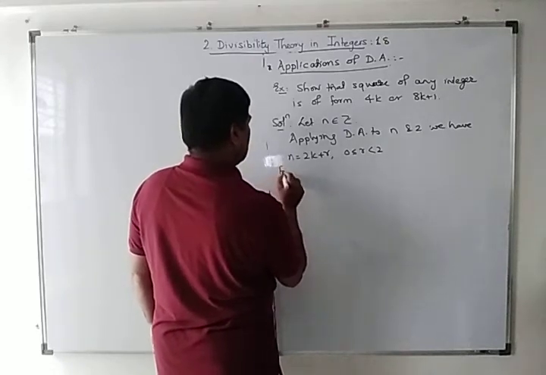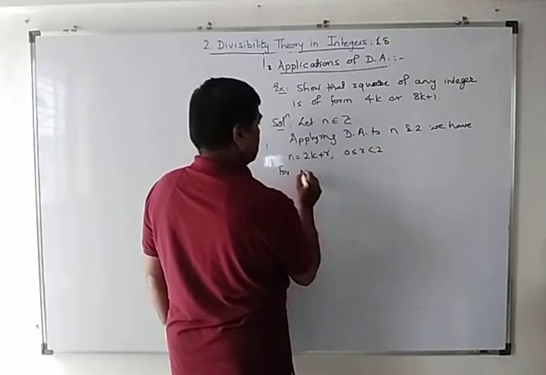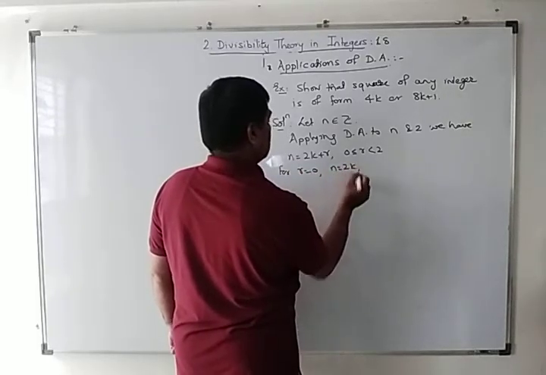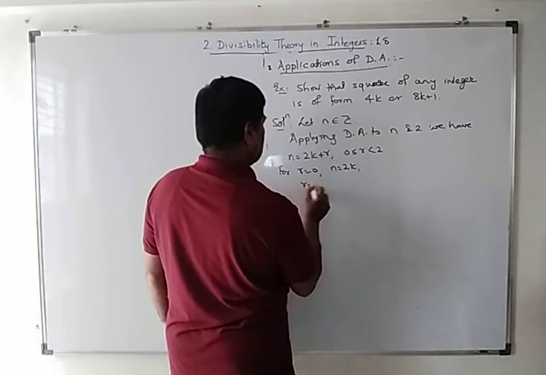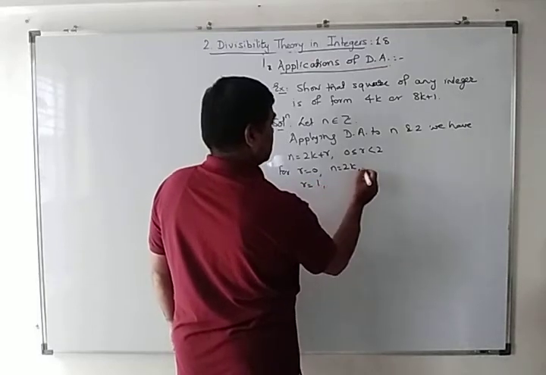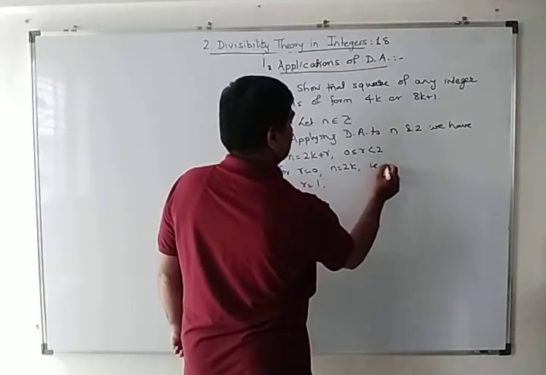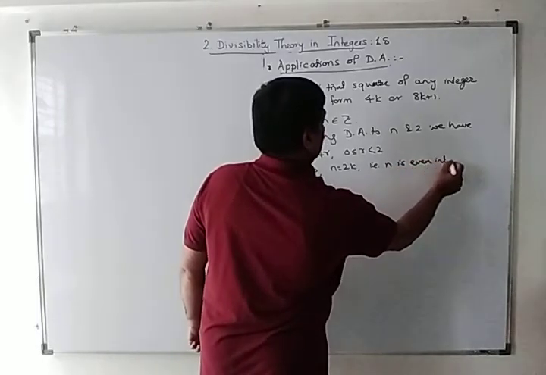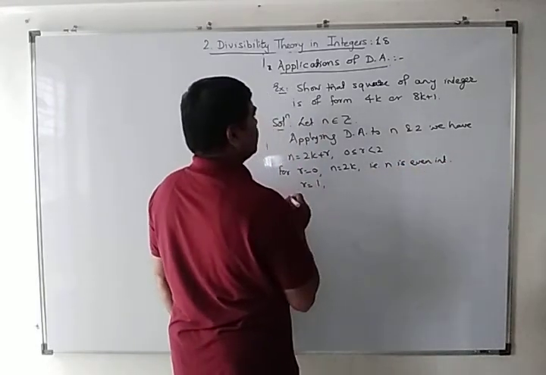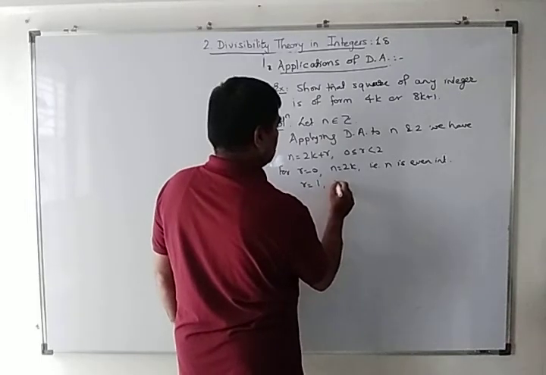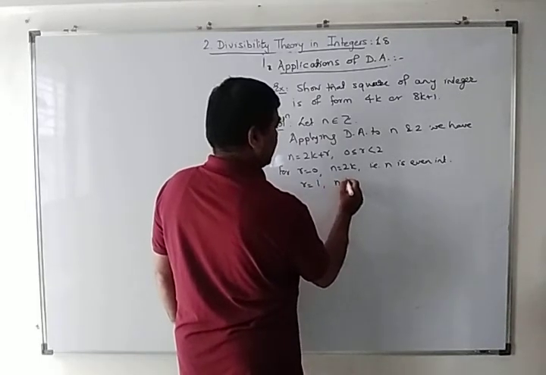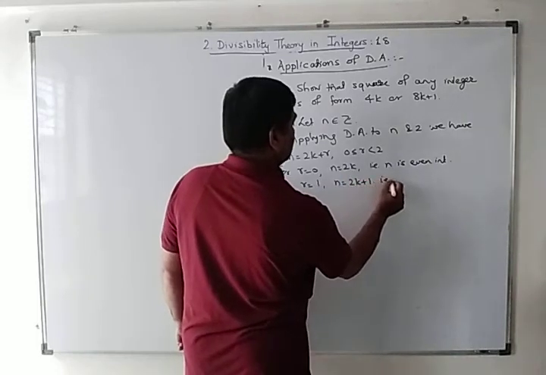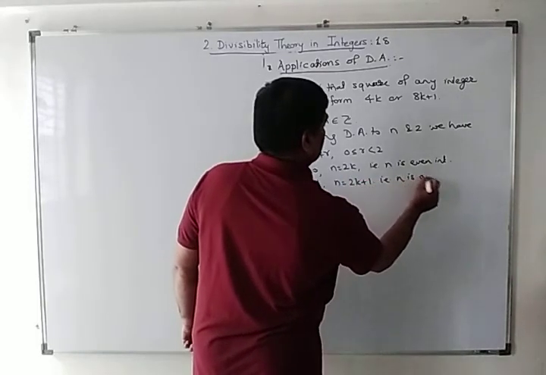For r equal to 0, n equal to 2k, that is n is an even integer. For r equal to 1, n is equal to 2k plus 1, that is n is an odd integer.